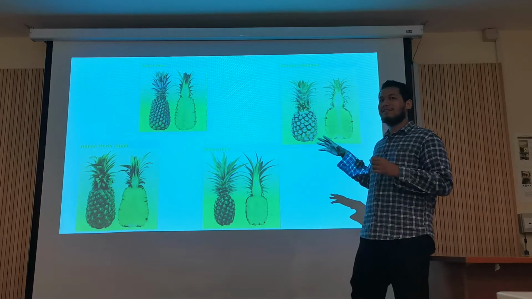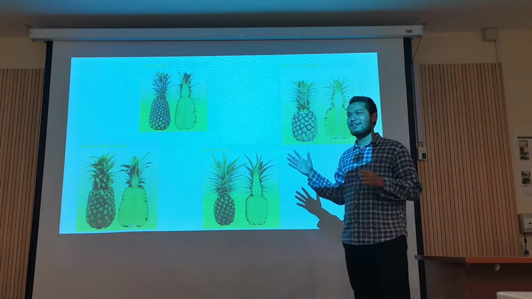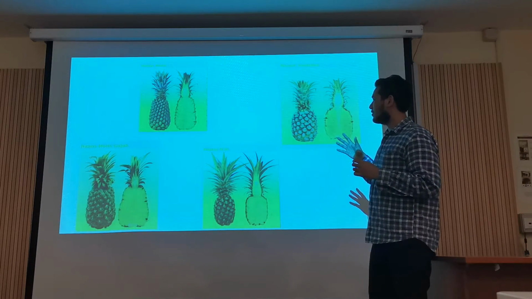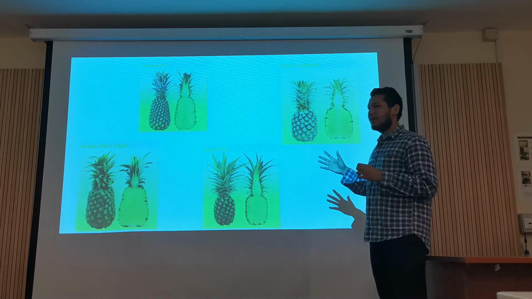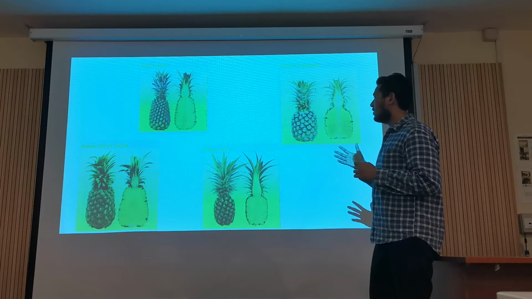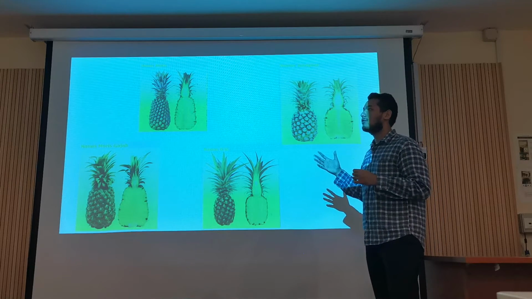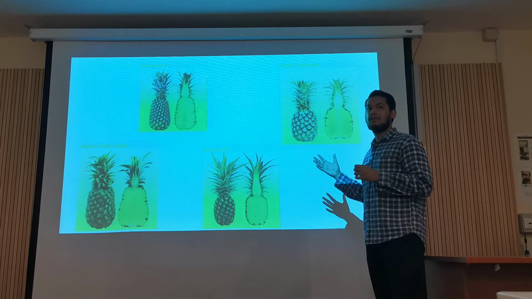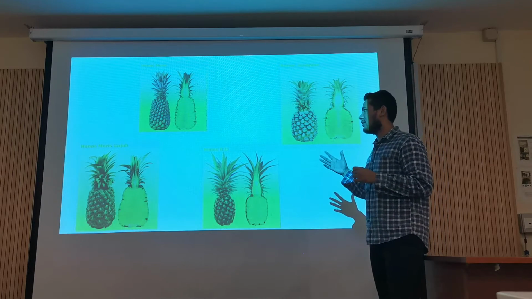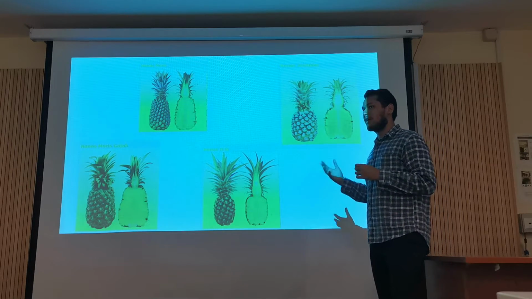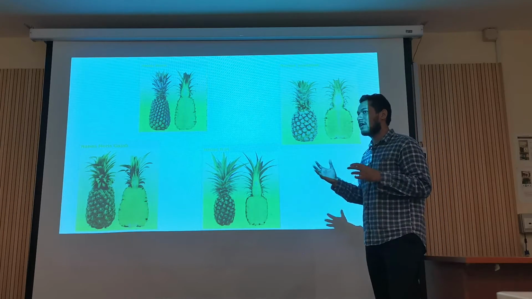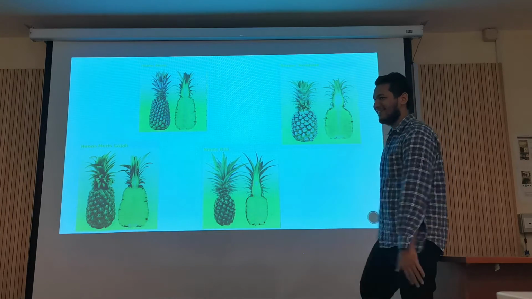From these varieties, you can see that different varieties have different shapes. They also have different flavors; MD2 is sweeter than the other varieties. Other varieties also have different harvest periods and different ways to take care of the plant.